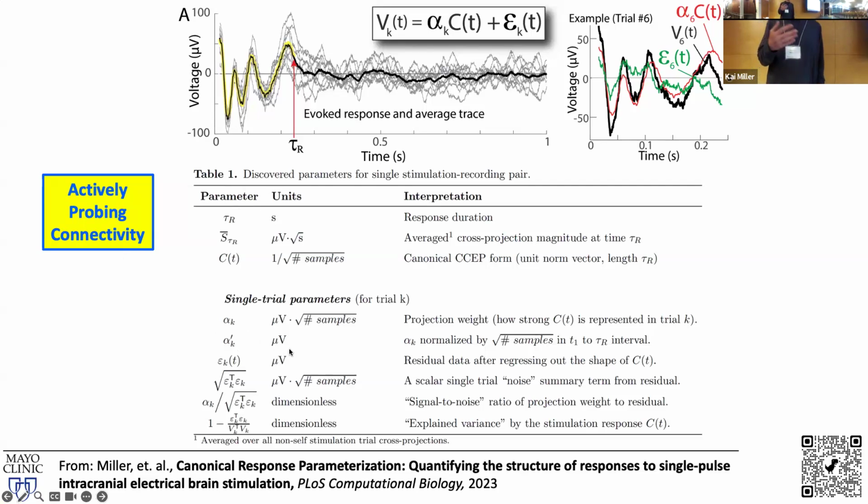So for those of you that are used to quantifying some kind of response and you hear people talk about RMS, this would be like a pruned RMS, where the RMS is the root mean square of the signal, but this is just the magnitude of the explained shape that we know exists on a single trial basis from the electrical stimulation we've delivered. Okay. We also get signal to noise in there, and we can also quantify noise.